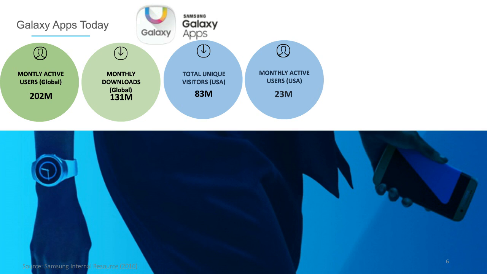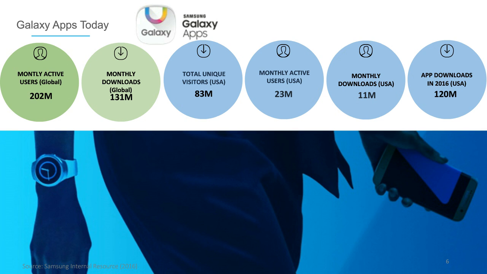Also in the US, monthly downloads was 11 million, and total app downloads in 2016 was 120 million. Our users' engagement has grown 3 times better than 2015 and is constantly growing with our various promotions. So please take this opportunity to expose your app to this global growing market.